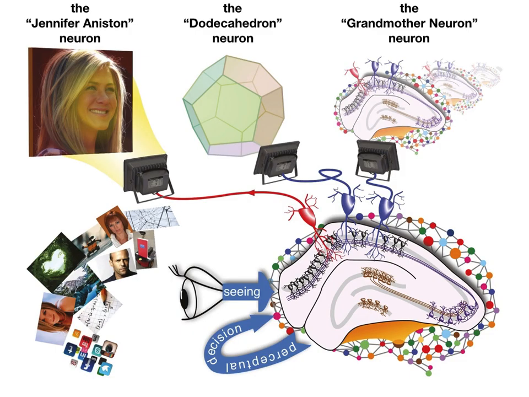And this is sort of a goofy image of the concept: is there one particular spot where I keep track of all these different concepts? The Jennifer Aniston neuron, if any of you can remember who she is. The dodecahedron neuron. The grandmother neuron. The neuron pointing to the concept of the grandmother neuron, right?